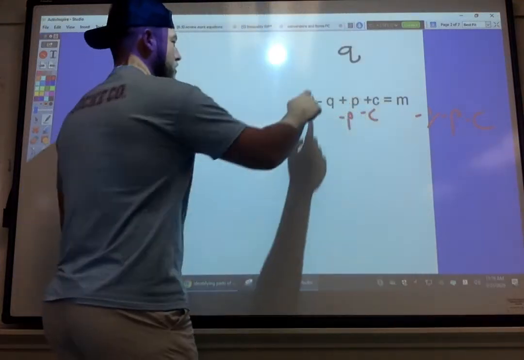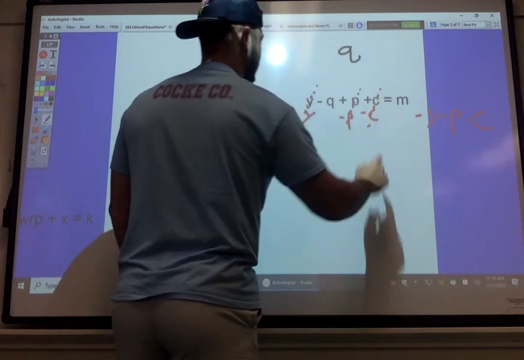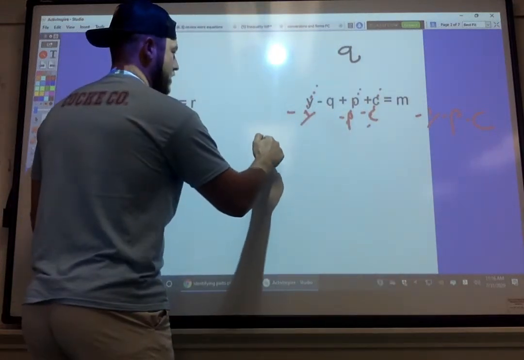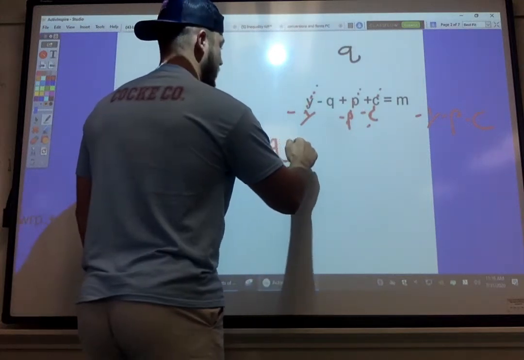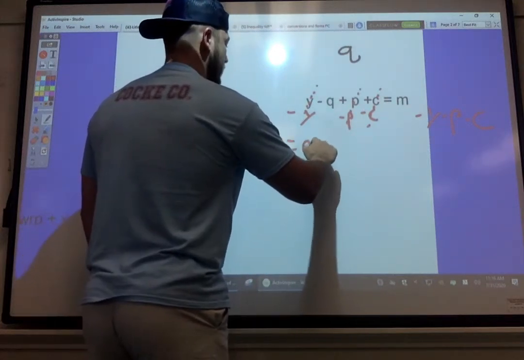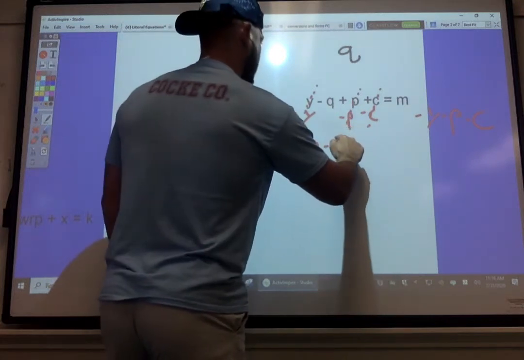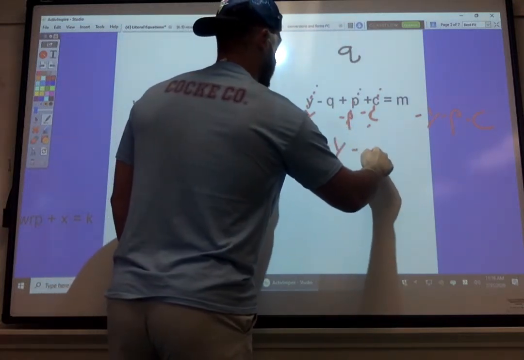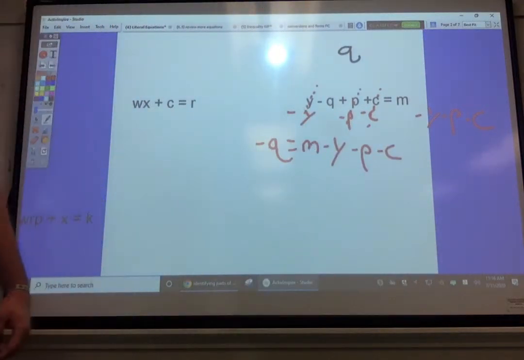So now, these are all going to be moved over. So I'm going to rewrite that as negative Q. That's now equal to M minus Y minus P minus C. A lot of negatives up there now.